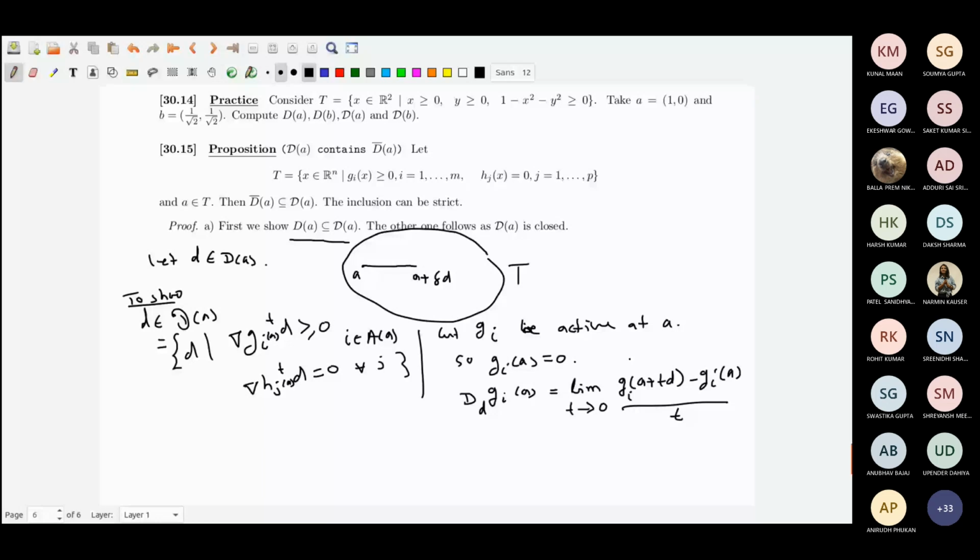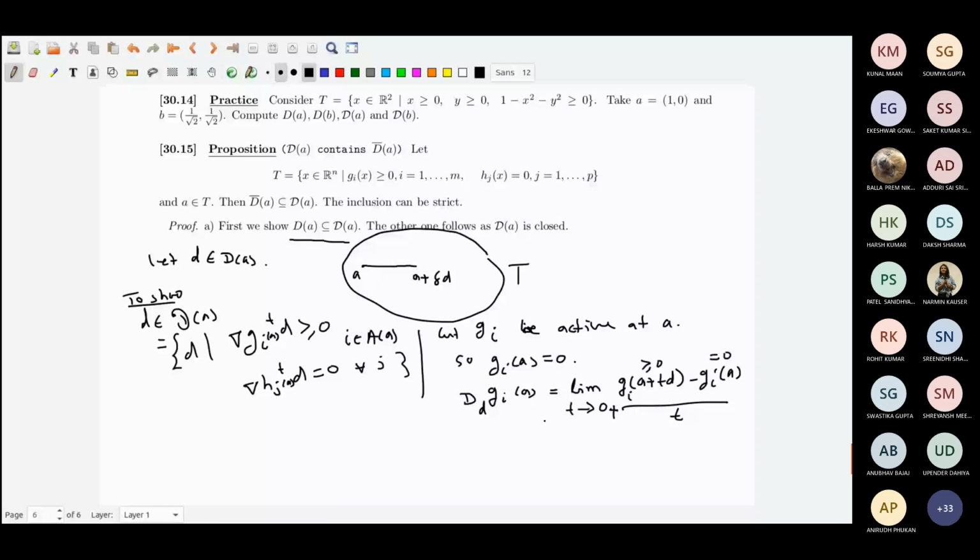What do I have to say? Here I am taking plus. It is already given that Gi is differentiable, and I want to find the directional derivative. I can compute it in this way. So I will take only t going to 0 from the positive side, because I only know the positive half.